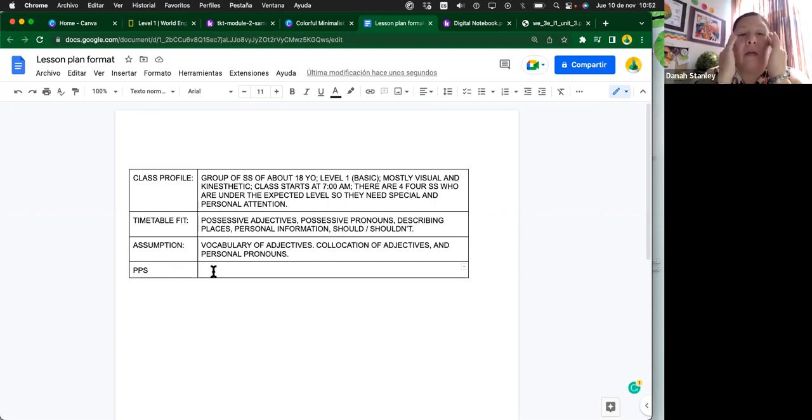Pero a ver. Ajá, sí, entiendo. The problem you are giving me is related to what they have seen before. Because you told me that in unit 2 they saw present simple, no?